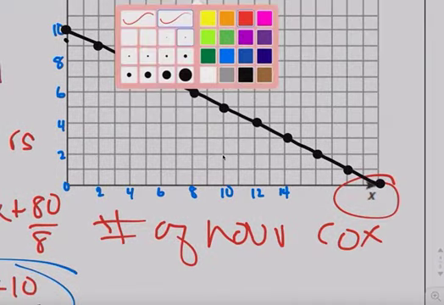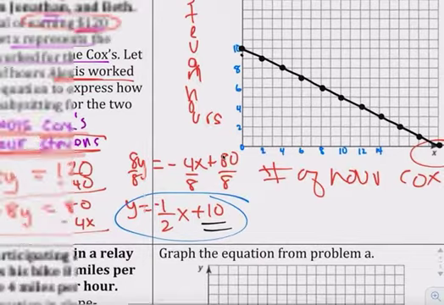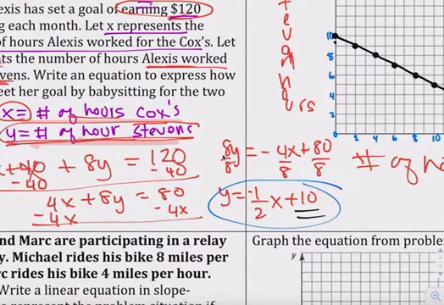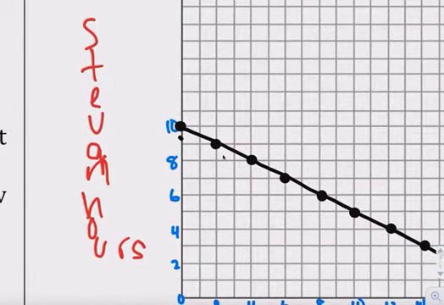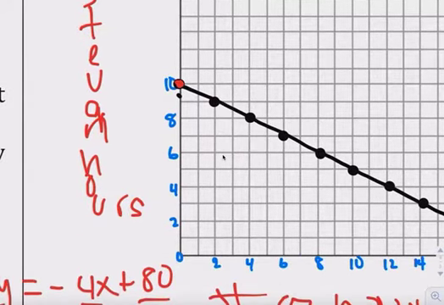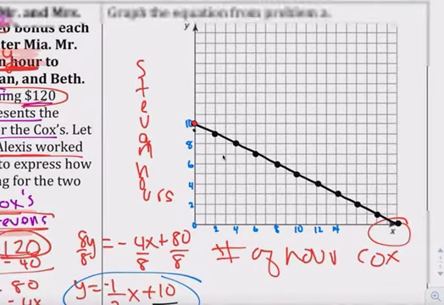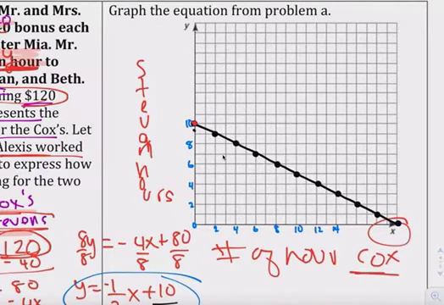This means in order to make the $120 that she wanted, she has to work all 10 hours at the Stevens. Or 2 hours at the Cox plus 9 hours at the Stevens.